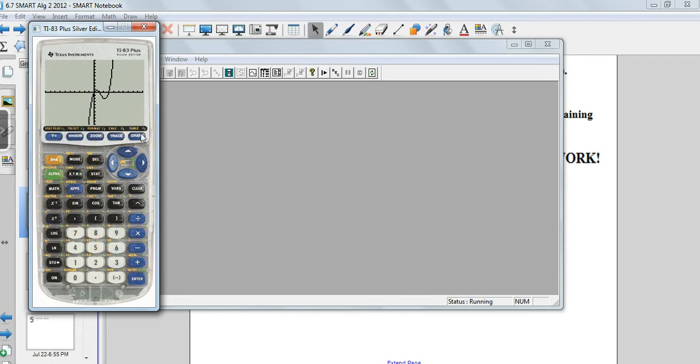And then when you hit graph, you should notice that there's a couple zeros here, and I don't know which one you saw first, but the first one that caught my eye will be that one right there, and I see that it's crossing at the x-intercept of 0.